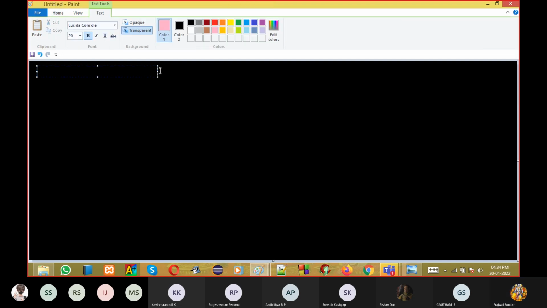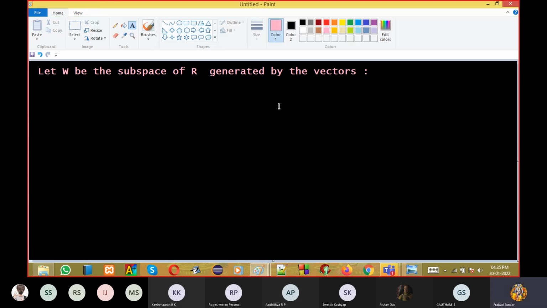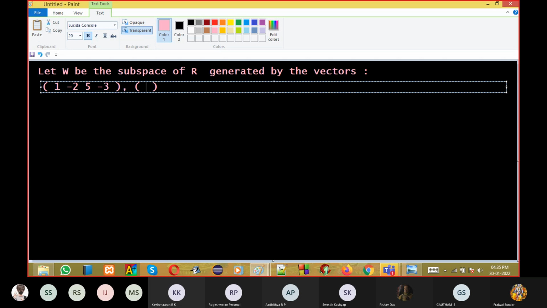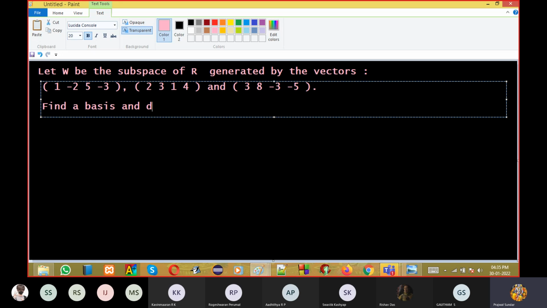Question number 7: let W be the subspace generated by the vectors, and I'll write the vectors here: (1, -2, 5, -3), (2, 3, 1, -4), and (3, 8, -3, -5). Okay.